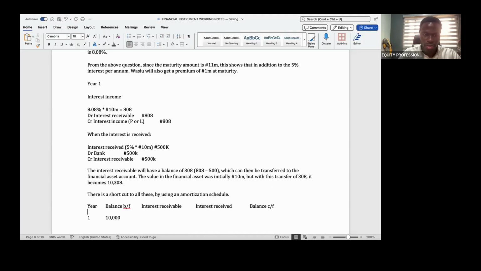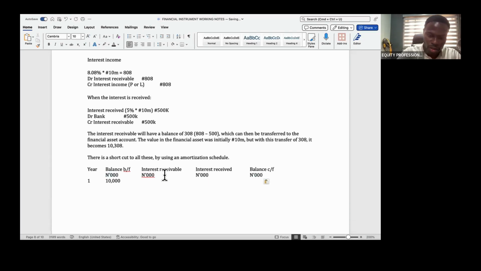Let me do it in thousands like this. And this one is at 8.08%. The interest received is at 5%. So the interest receivable, as I've explained earlier, is 808.